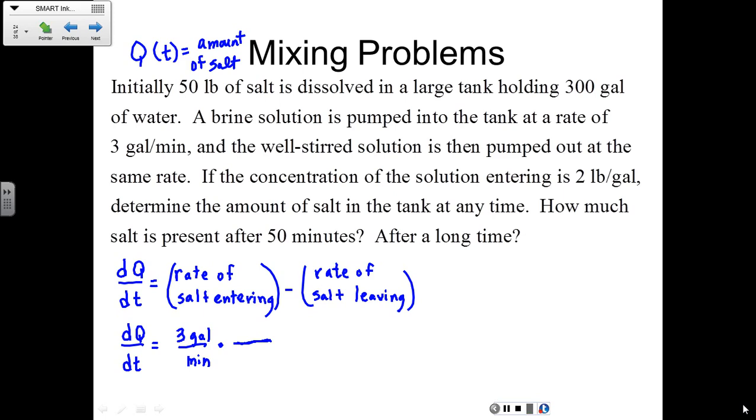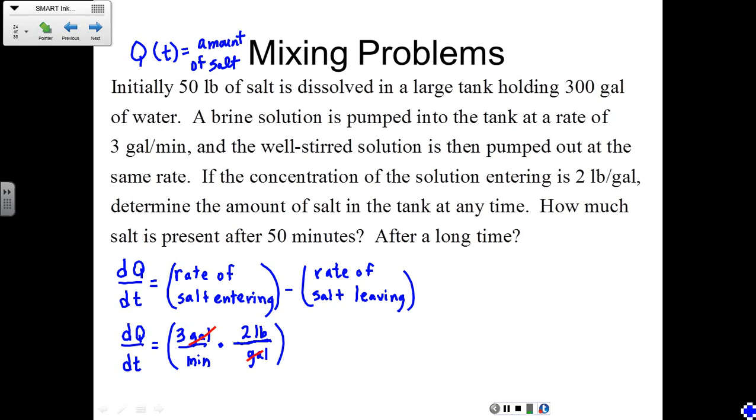So 2 pounds. So that's the rate that salt is entering into the tank. As you can see, some algebra takes place. Gallons cancel out. So 6 pounds of salt per minute entering into the tank.